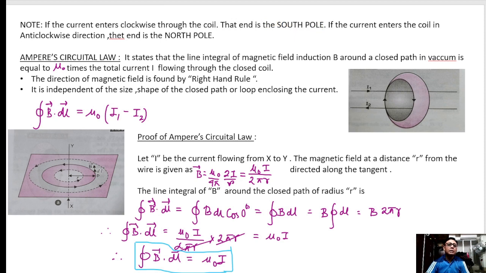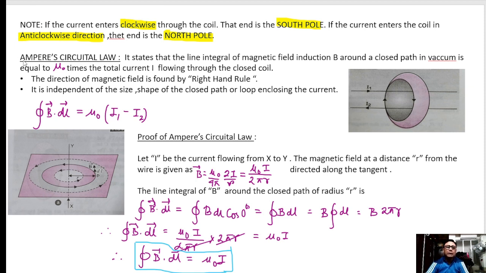Suppose in that circular wire the current has entered clockwise, so mind it, that pole will be the south pole. And if the current enters anti-clockwise, that pole will be the north pole. Please keep these in mind. Okay, if the current is entering in any part clockwise, that pole will be the south pole. And if the current is entering anti-clockwise, that pole will act as a north pole.